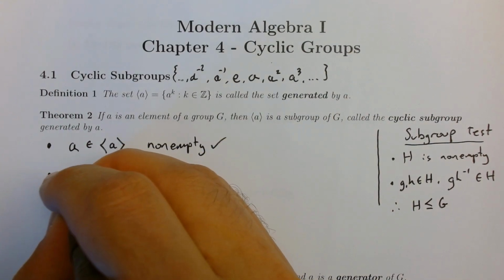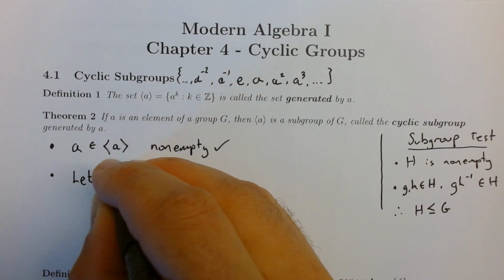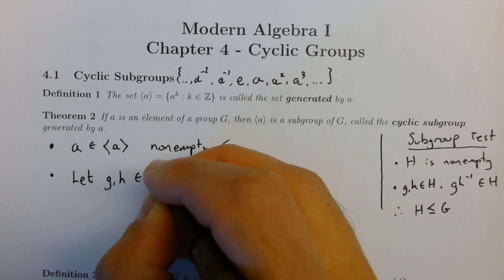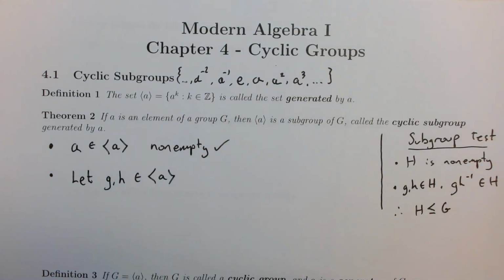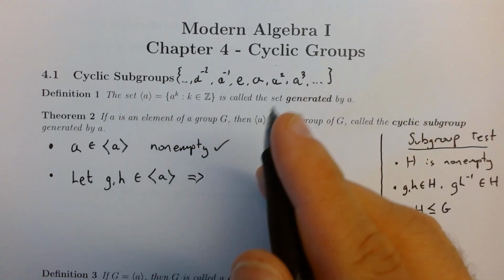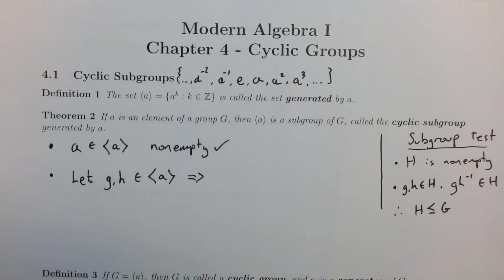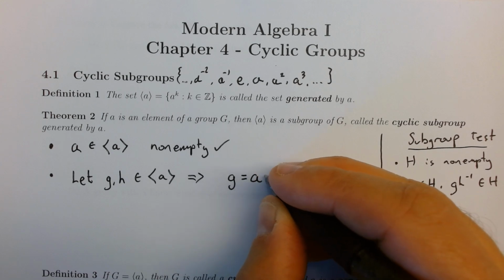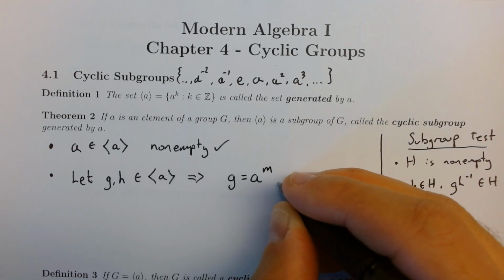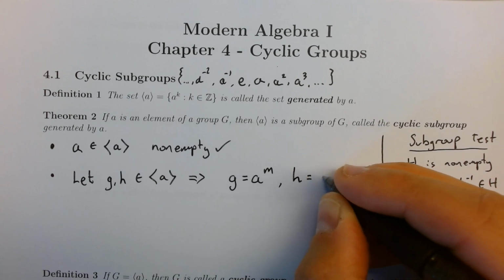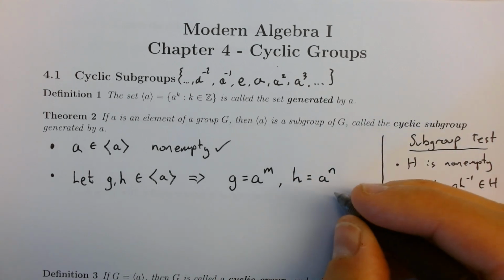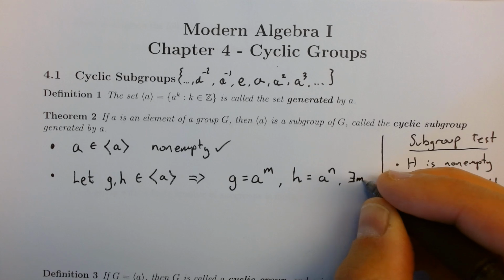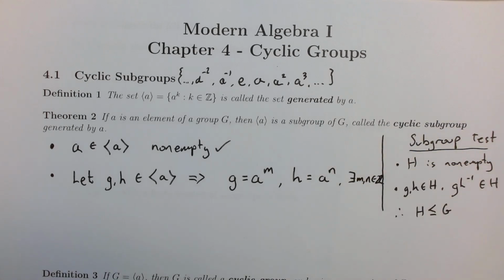If we let two elements be in this set generated by a, then we know what elements look like in it. Every element is some power of a, could be a negative integer, but either way, g is some power of a, say a to the m, and h is also some power of a, a to the n, for some m and n in the integers.